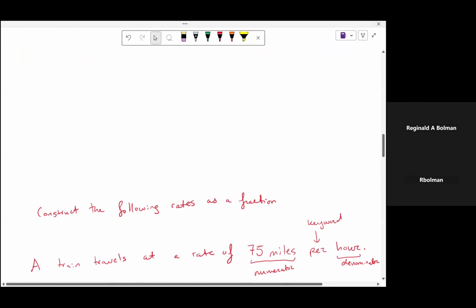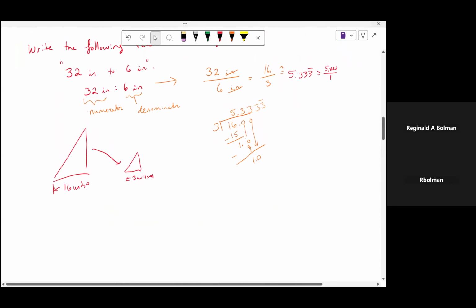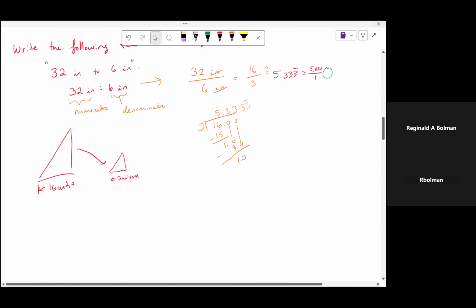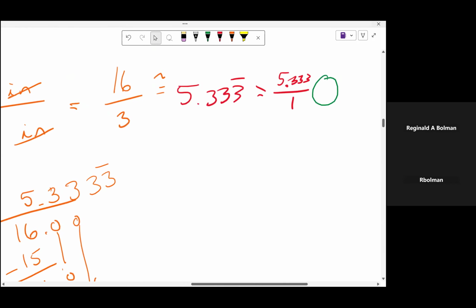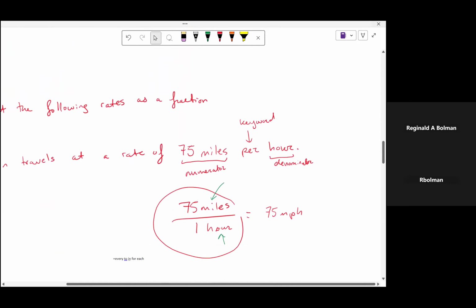That's a bit different than working with ratios where you actually have a unitless quantity that is given here. So like the 5.333 over 1 is unitless. This isn't saying that we're measuring in inches. This isn't saying that we're measuring in feet. We don't even know if there's a measurement at all. This is a completely unitless quantity. Okay.